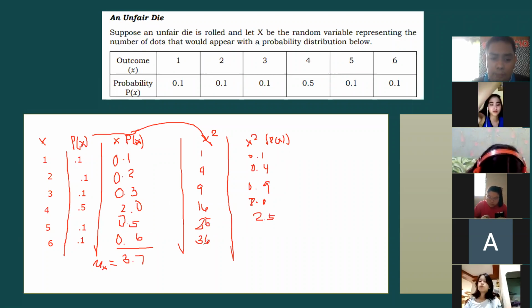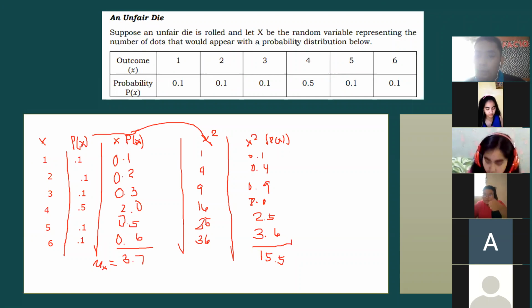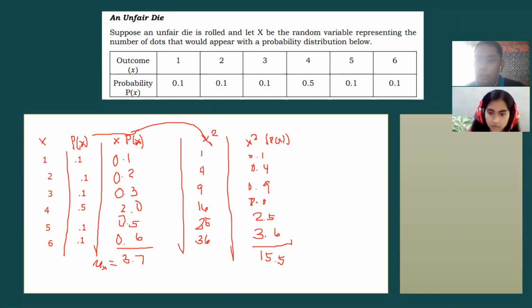And 0.1 times 36 is 3.6. So yun ang i-add natin. So that's 0.1 plus 0.4 plus 0.9 plus 8 plus 2.5 plus 3.6. So that would be 15.5. Do you have the same answer as 15.5? Yes po. So 15.5, let's continue.